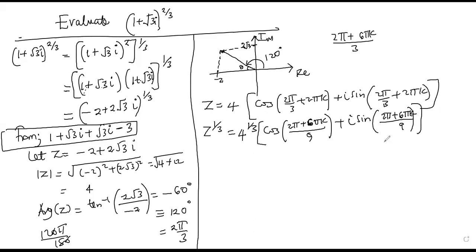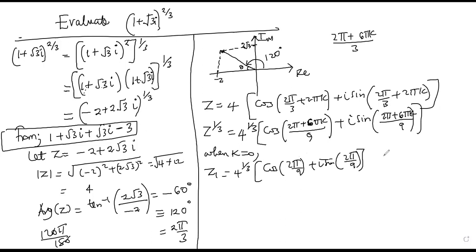Then now we start when k is 0. When k is 0, we shall get z1, which will be 4 power third into cos 2 pi over 9 plus i sine 2 pi over 9.